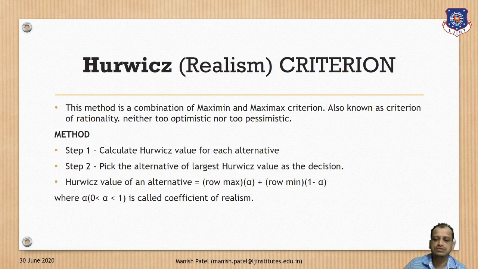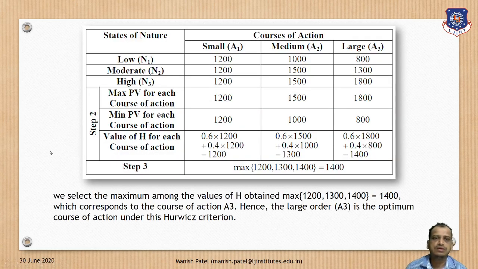Let's look into the problem. The same problem is given with small, medium and large courses of action, and low, moderate and high demand. What is the maximum for each course of action? Here it is 1200, 1500 and 1800. And the minimum is 1200, 1000 and 800.